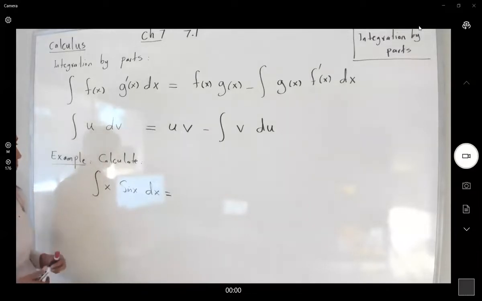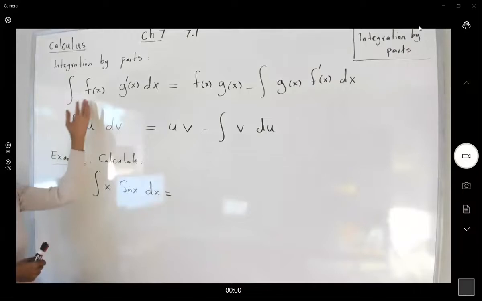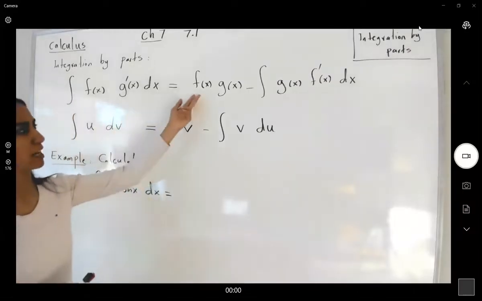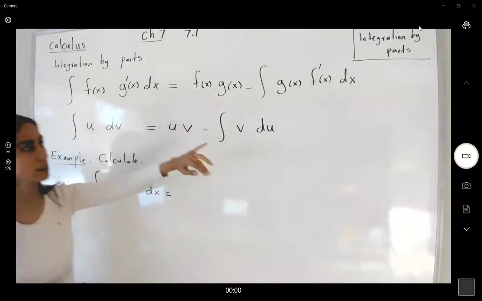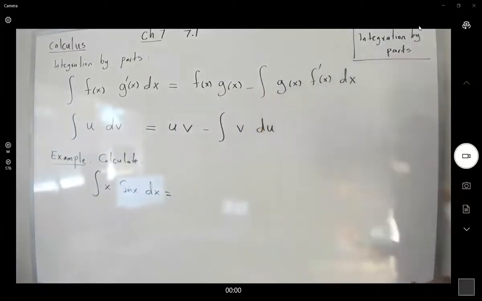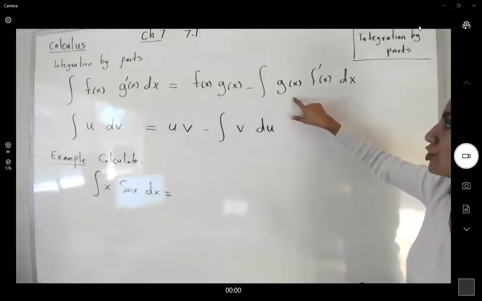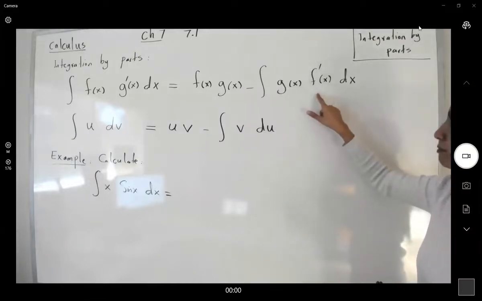Well, okay. In this case, you might say, I learned something new today. I know the integral of f g prime of x dx is nothing but f times g minus the integral of g f prime.